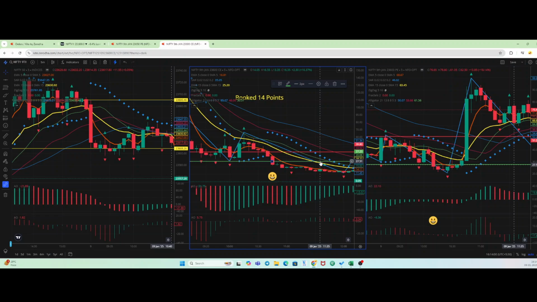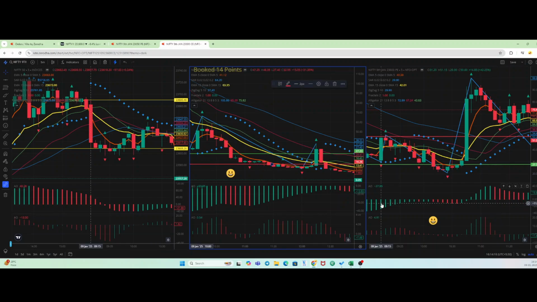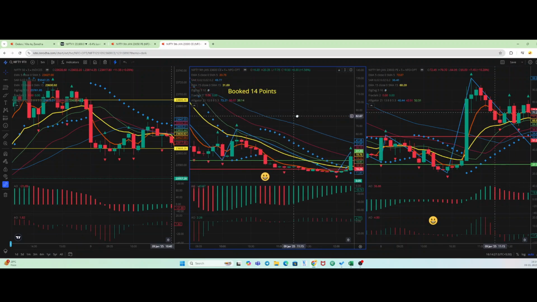We entered at 27. After entering there was a green candle, then we changed the stop loss to around 24. Then again a green candle, we changed the stop loss to 21. Then again we changed the stop loss to 16. That stop loss was already hit. So from 27 to 16, about 11 points, we booked 11 points here.